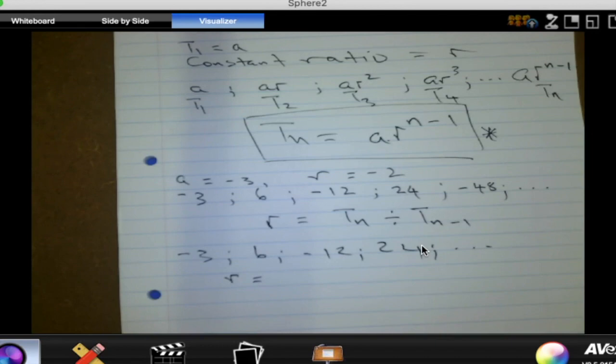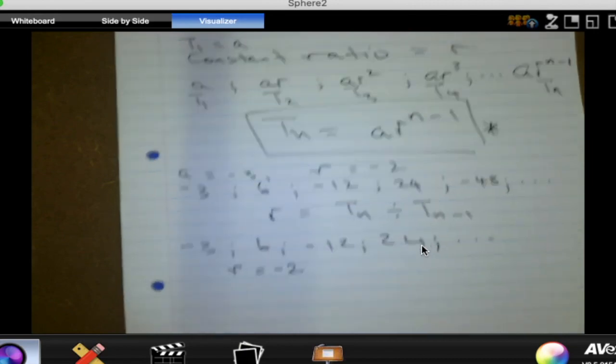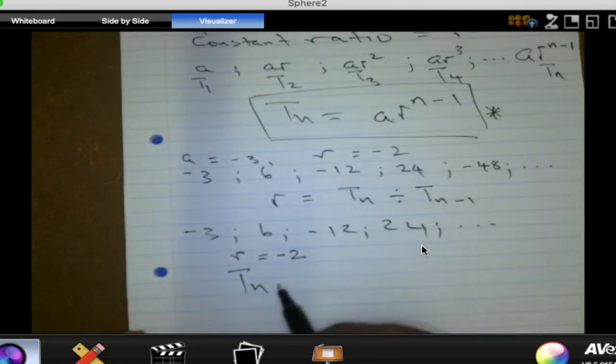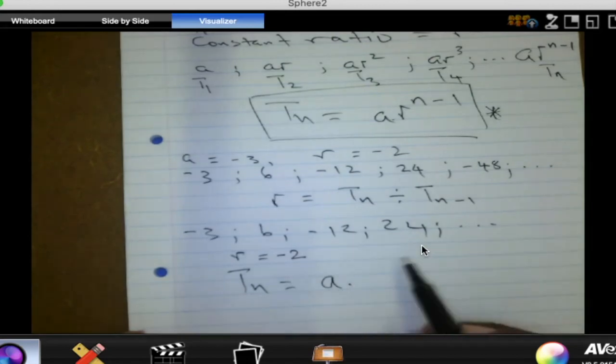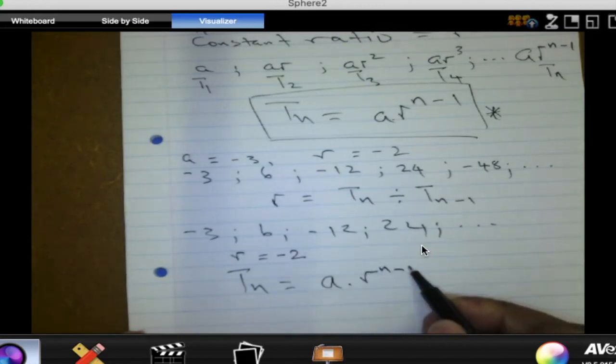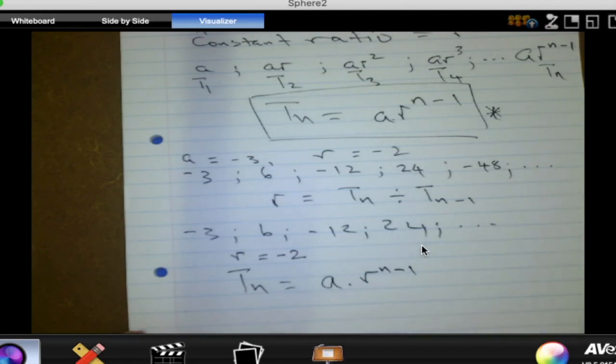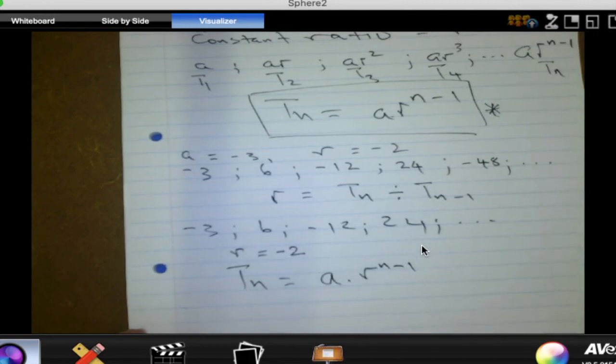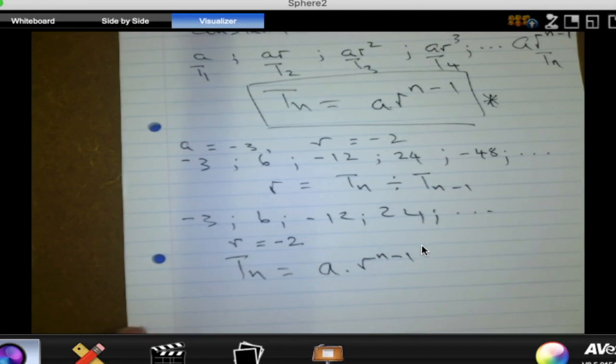I think we now know this is a geometric pattern, and r is equal to negative 2. So if you want to find Tn, you can just put that into your formula, and the formula is given by Tn equals A multiplied by the ratio to the power of n minus 1. What is A in our case?